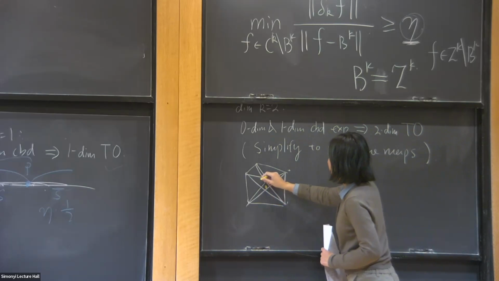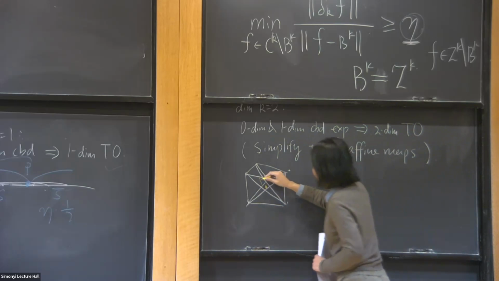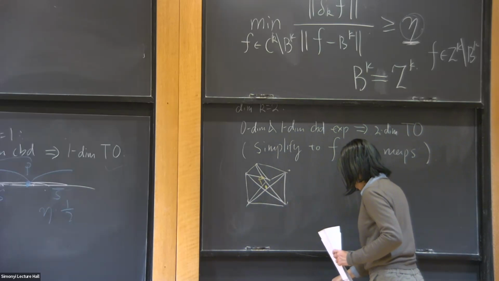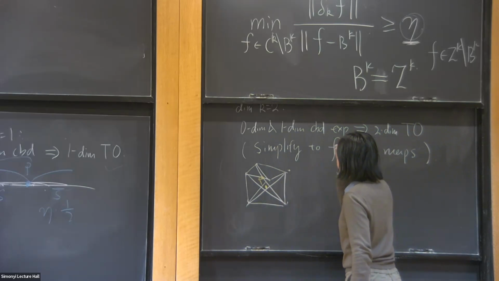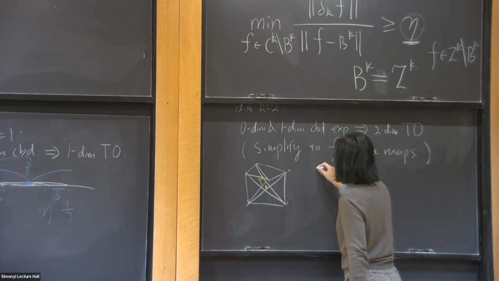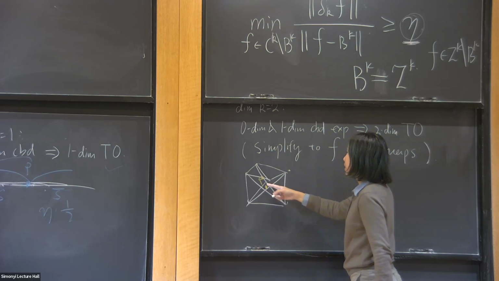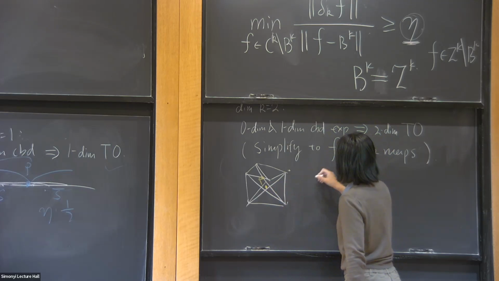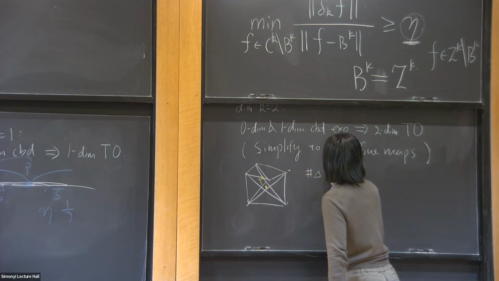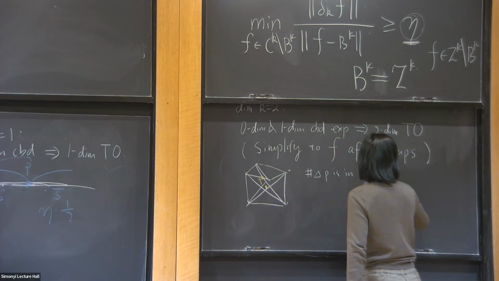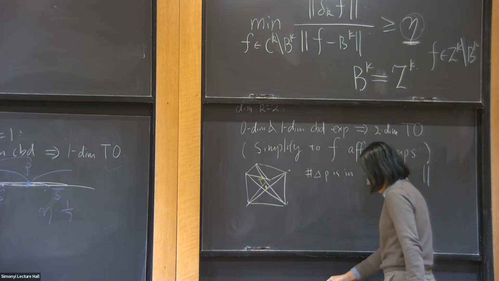Let's say I pick some point P. I claim that the number of triangles that P is in can be written as this. It is equal to the norm of one function.